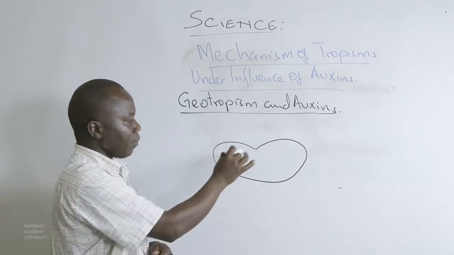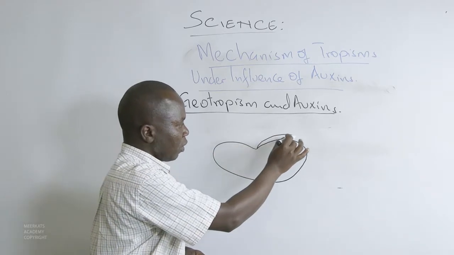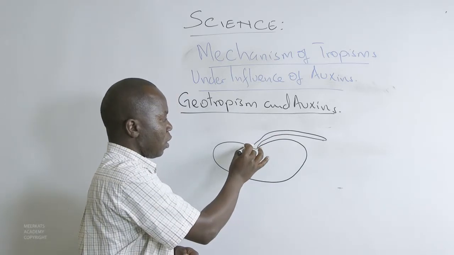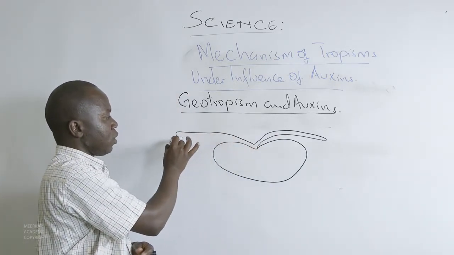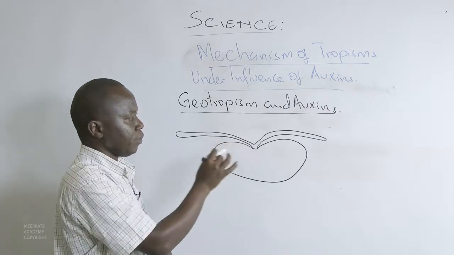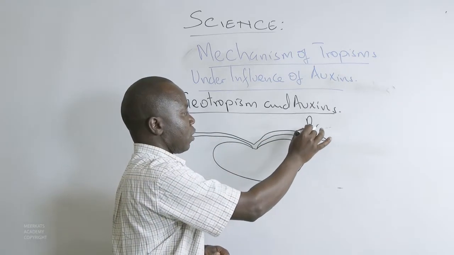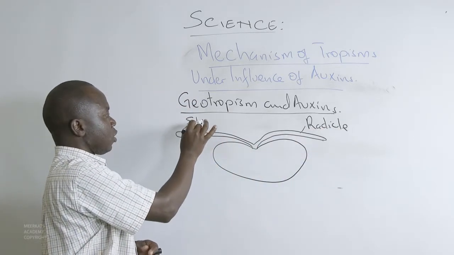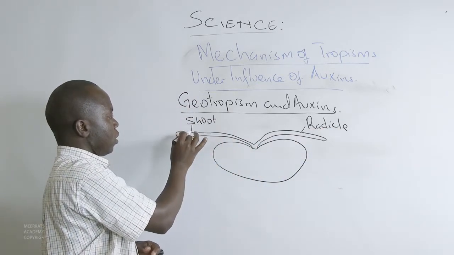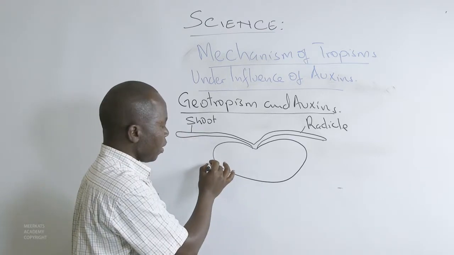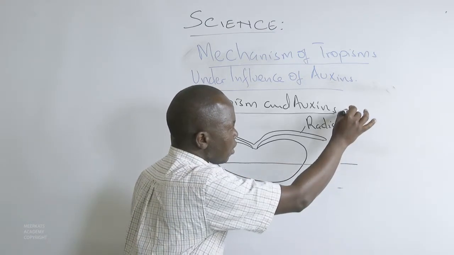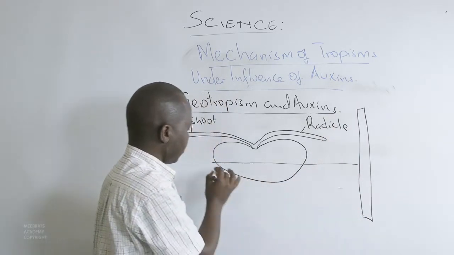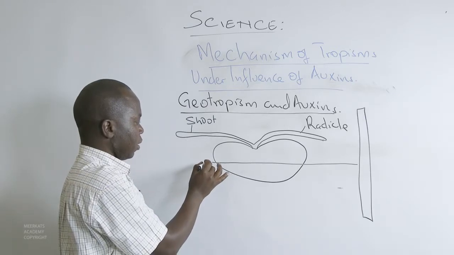That's a bean seedling. So the radicle is there, and the shoot in that position. And this is the shoot. And then maybe you can hold this bean seedling onto a cardboard using a pin.